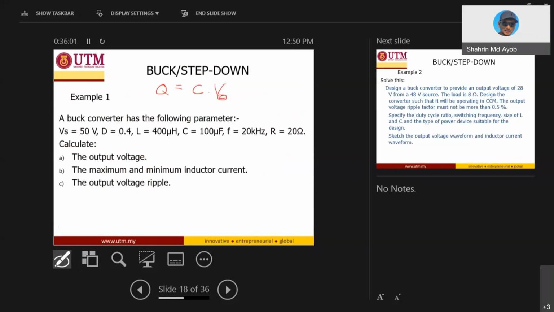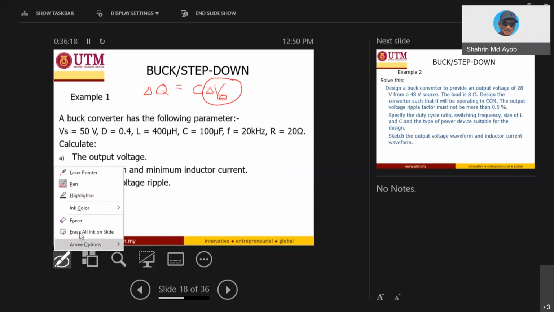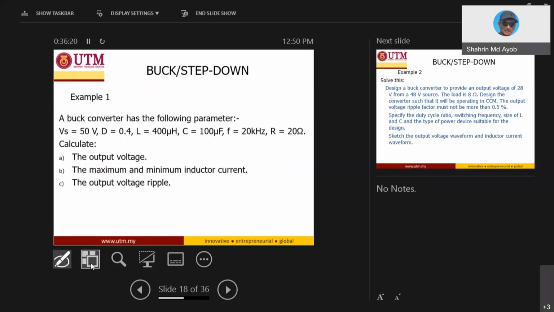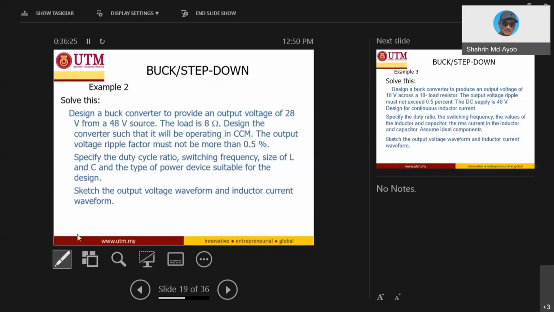Okay. So any change of the charge is due to the change of the voltage across the capacitor. So this one is your ripple. So this one, delta V out. Sama. Saya tak boleh tulis kat bawah sangat ni. Tak nampak. So delta, oh sorry.